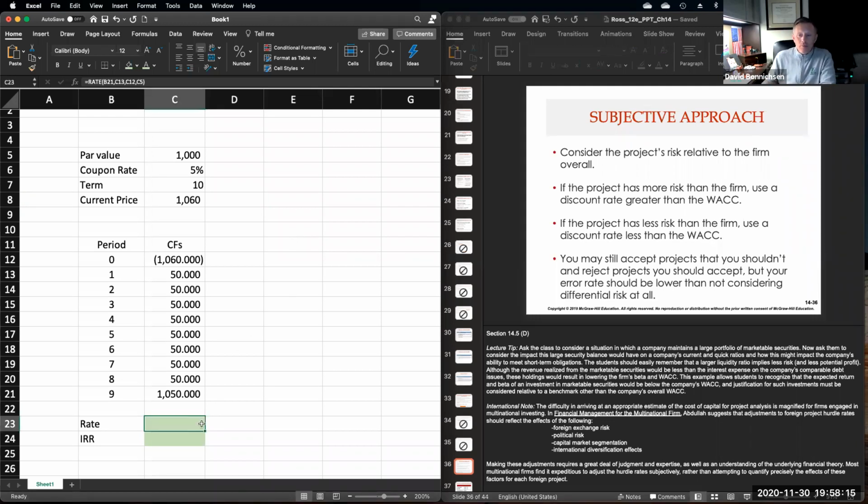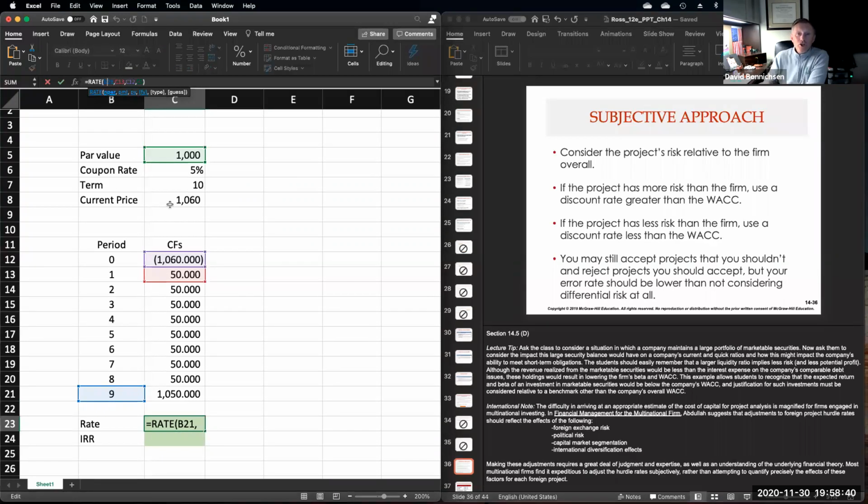And so you're going to come down here and type in the formula for the rate. You're going to see it as the number of periods, which is 9 total periods, because we're 1 year into the bond. So we've only got 9 periods left in the bond.